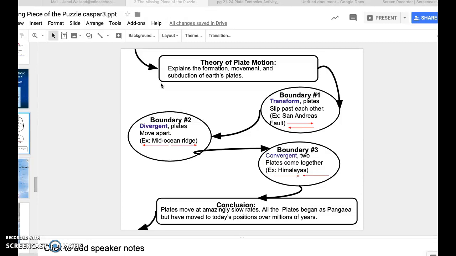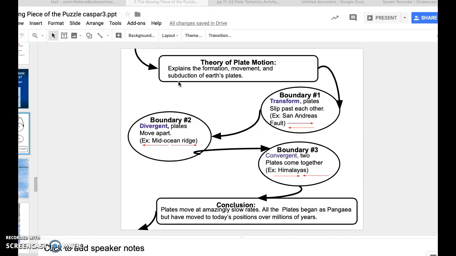And this theory of plate motion explains how the Earth's crust has formed over time, and then how it moves across the Earth's surface, and then how it becomes subducted or disappears and gets recycled back into the Earth. So that's what the theory of plate tectonics is all about.